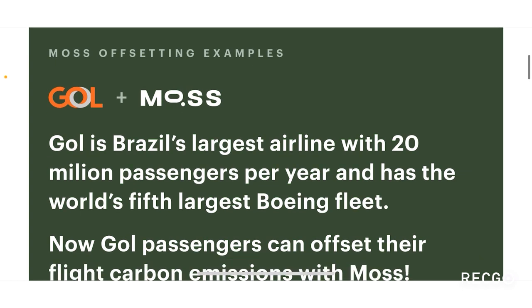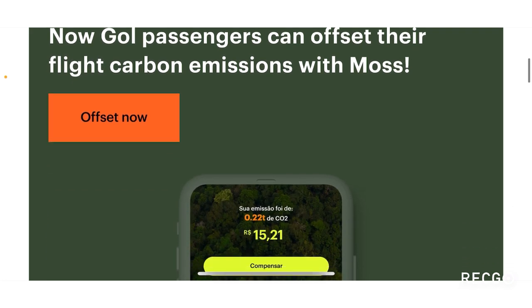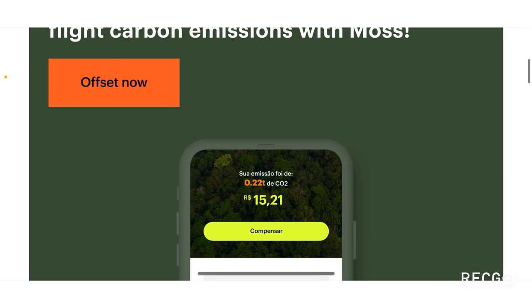So this is the company that's working closely with Moss right now in order to prevent carbon emissions in the future, right? So you can click the offset now button if you're a corporation or a company that wants to work with Moss in order to prevent any form of carbon emission and thereby be a green company.